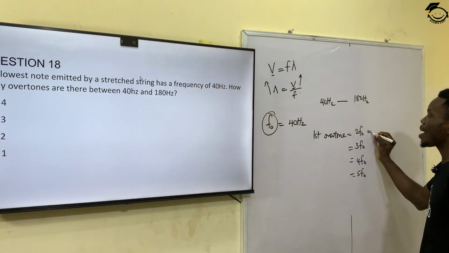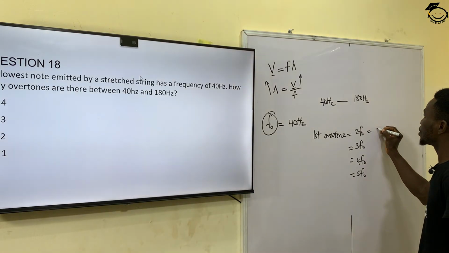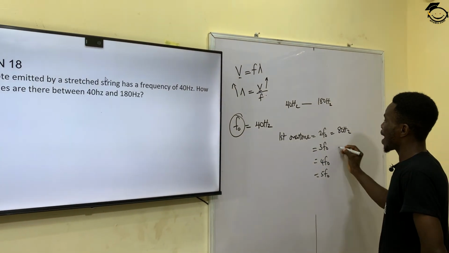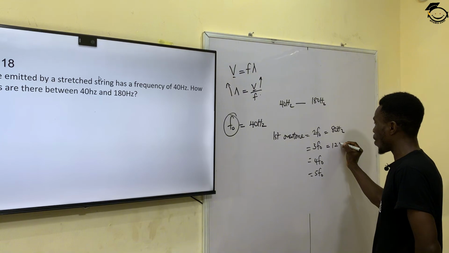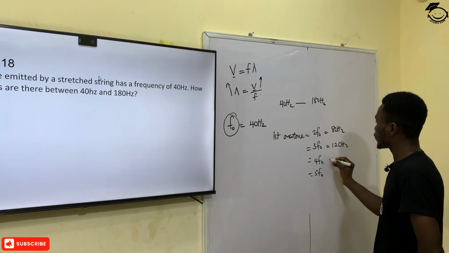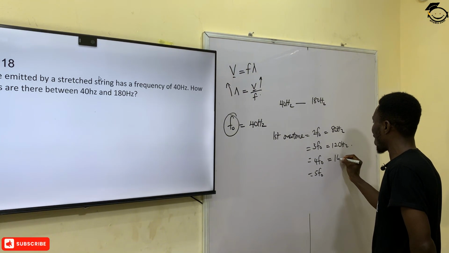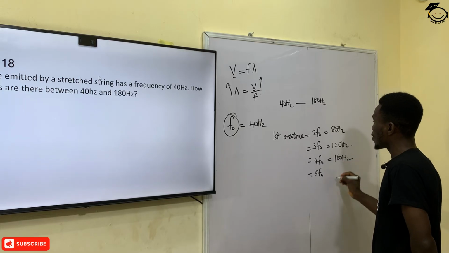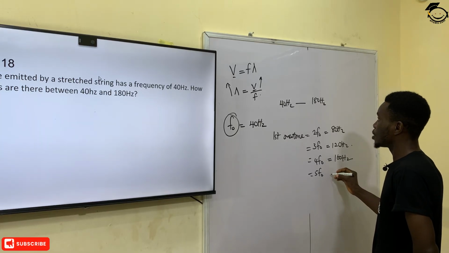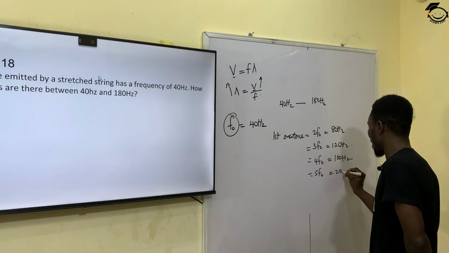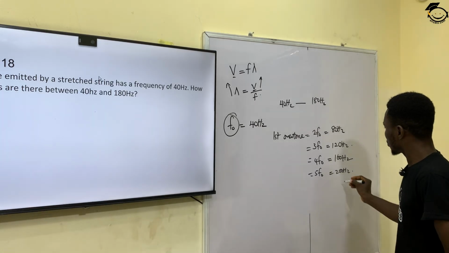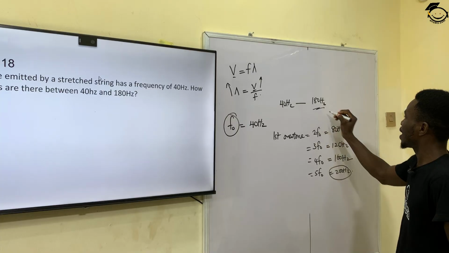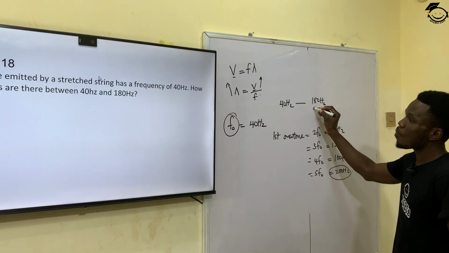So my first overtone here is going to give me 80 Hz. My second overtone here is going to give me 120 Hz. My third overtone here is going to give me 160 Hz. My fourth overtone here is going to give me 200 Hz. And 200 Hz, we don't have up to 200 Hz. We have a maximum of 180 Hz.